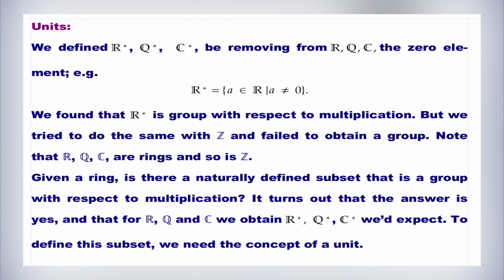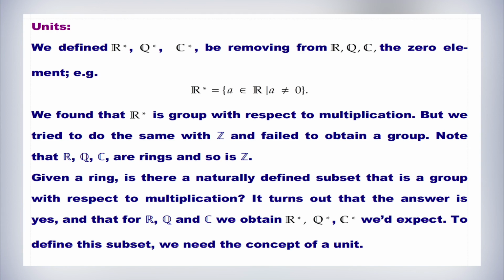We found that R star is a group with respect to multiplication. But we tried to do the same with Z and failed to obtain a group. Note that R, Q and C are rings and so is Z. Given a ring, is there a naturally defined subset that is a group with respect to multiplication?